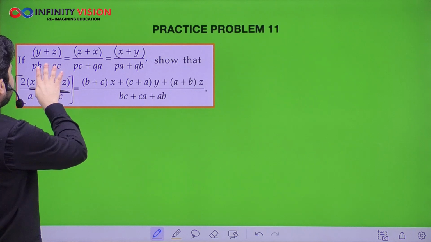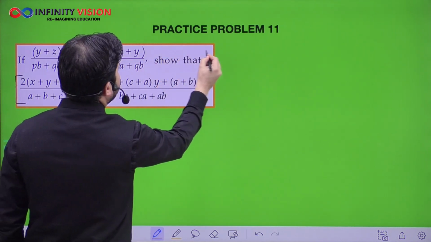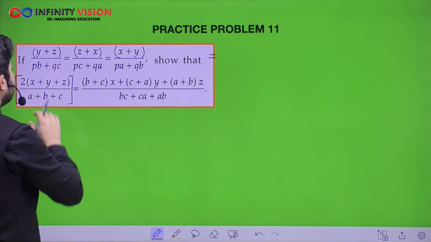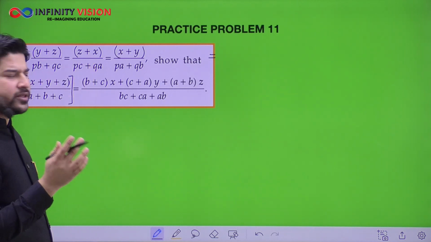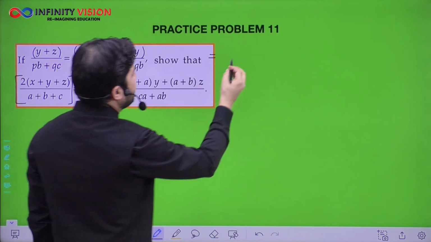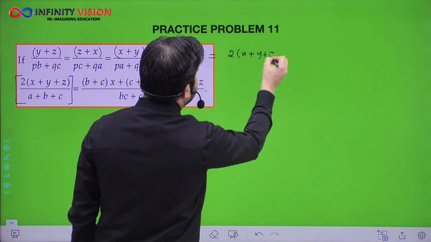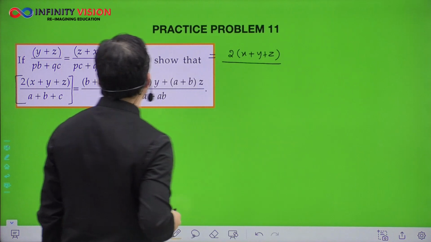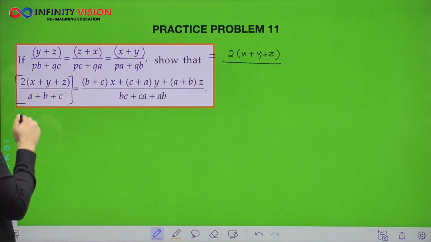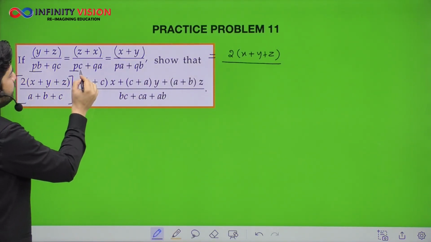So the first thing I can do is say that these are equal ratios, so each would be equal to the sum of antecedents upon the sum of consequents. So I can say this is nothing but twice of x plus y plus z, because I have added all the antecedents together. Now if I look at the consequents, you have pb, pc, pa.